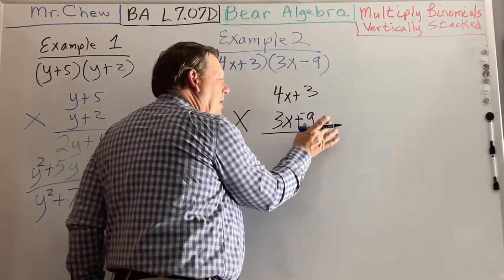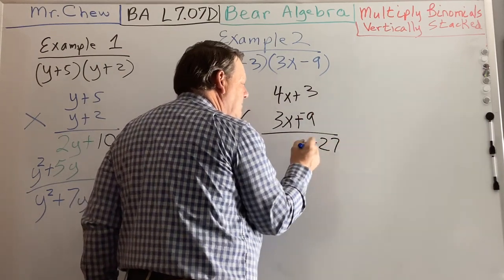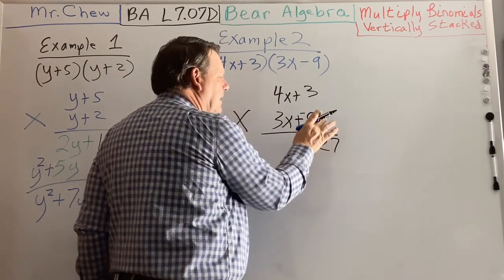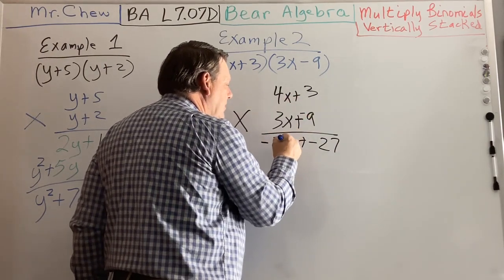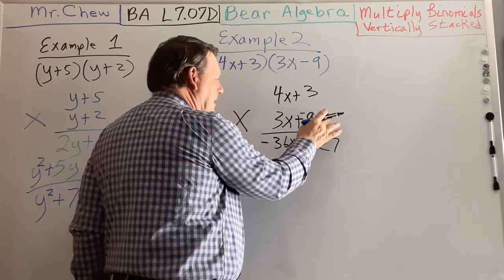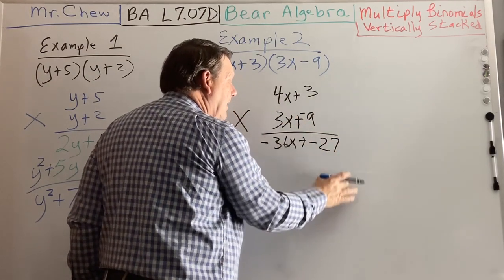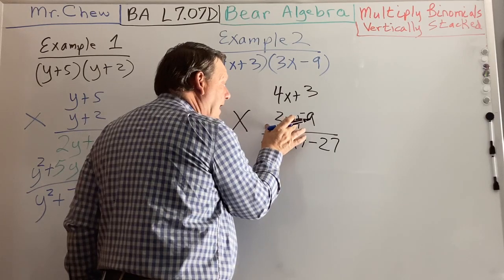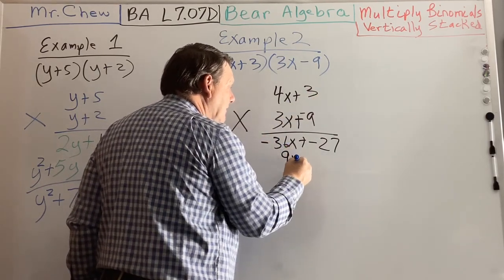And then you start here. Negative 9 times 3 is negative 27. And now negative 9 times 4x is negative 36x. And now I go to my next term. So instead of having it line up here, we're going to have terms of x. 3x times 3 is 9x.